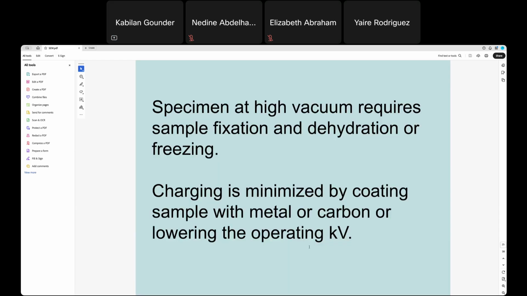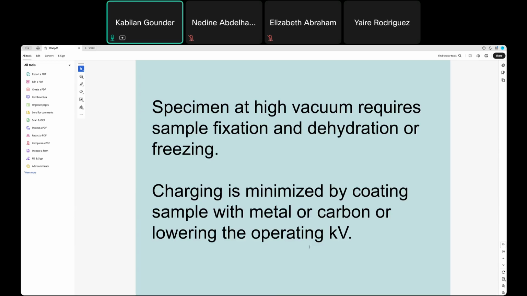The specimen at a high vacuum requires sample fixation and dehydration or freezing. So that is important. Also, charging is minimized by coating the sample with metal or carbon, or by lowering the operating kV.